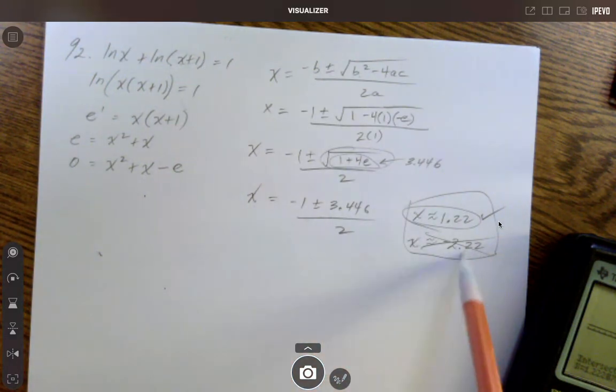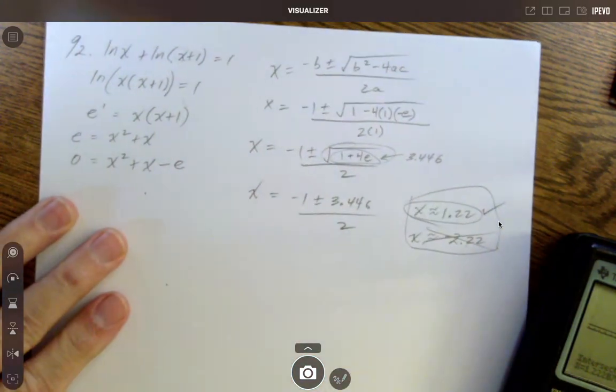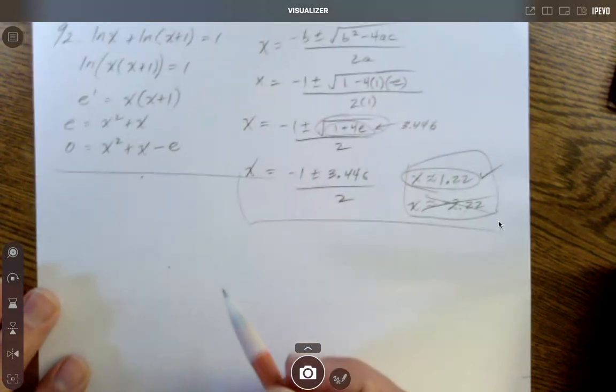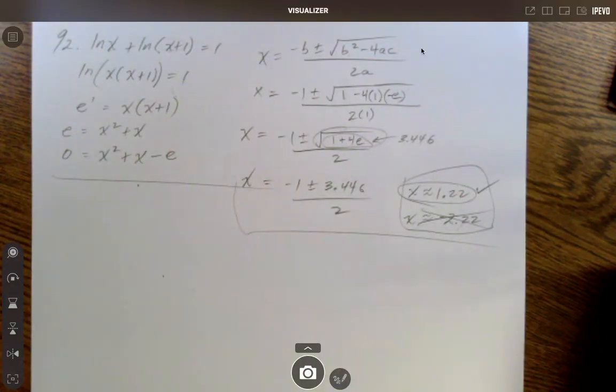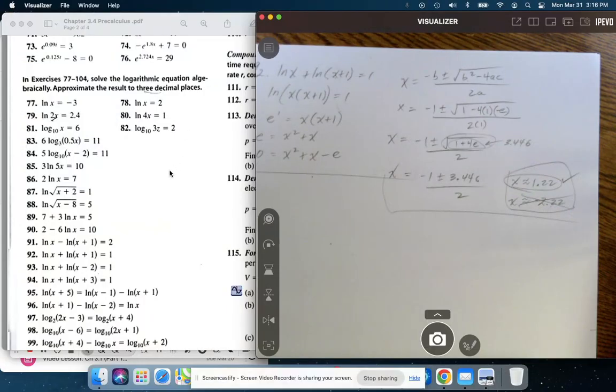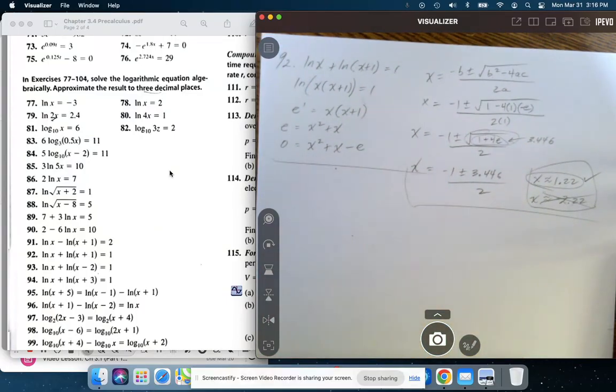So just check them. Make sure you check them. All right, so as you can see, they're getting a little harder, coming out to be quadratic expressions. That was number 92.